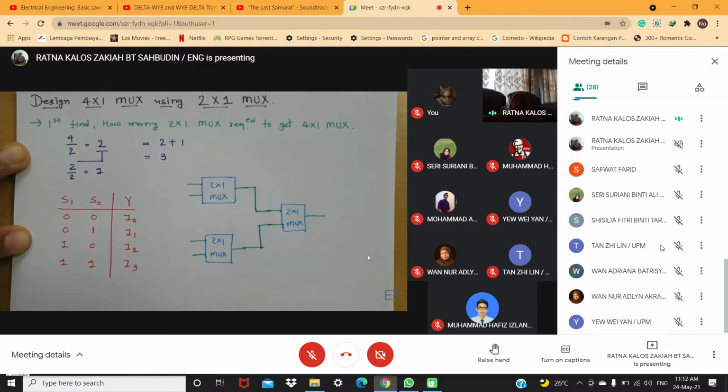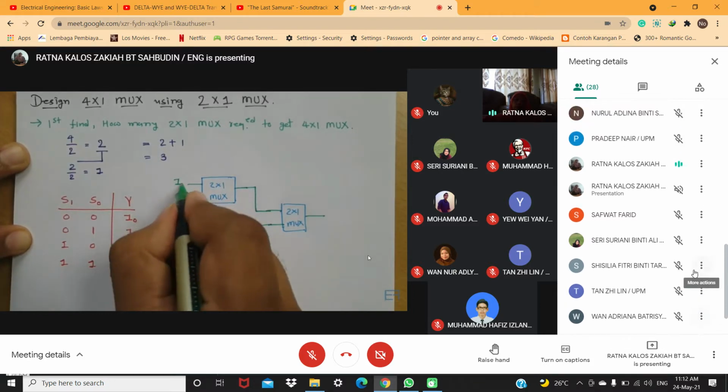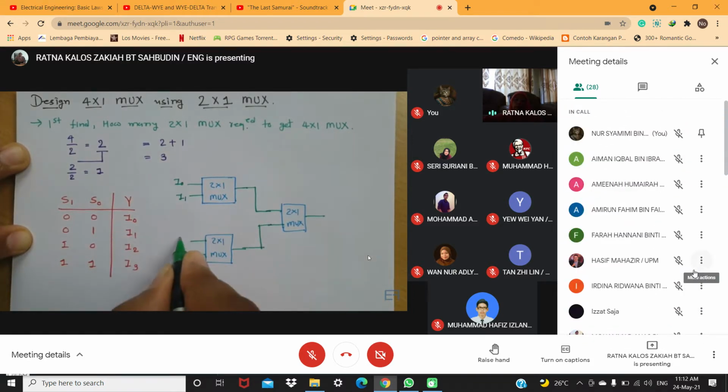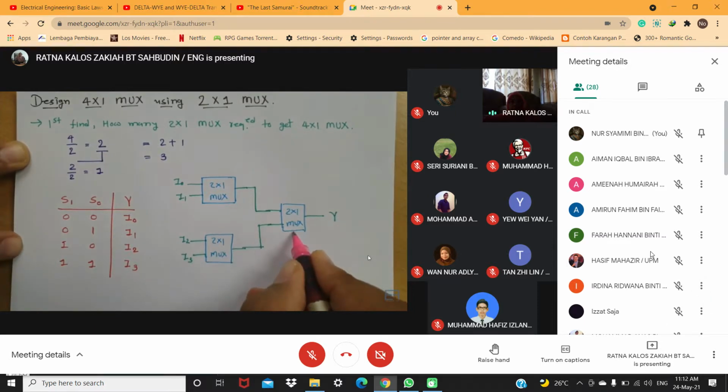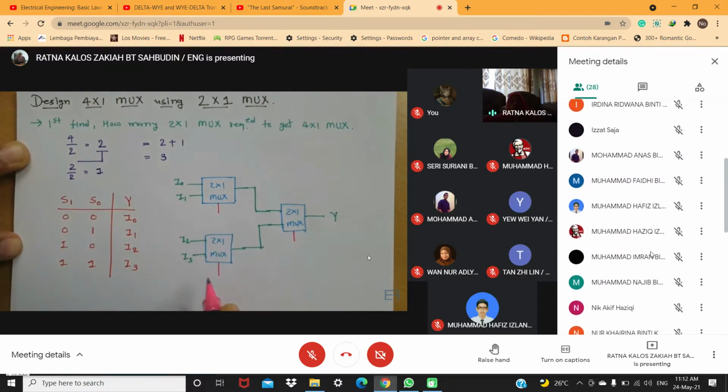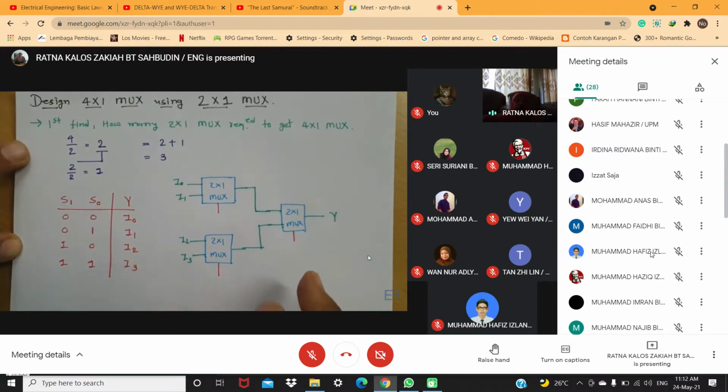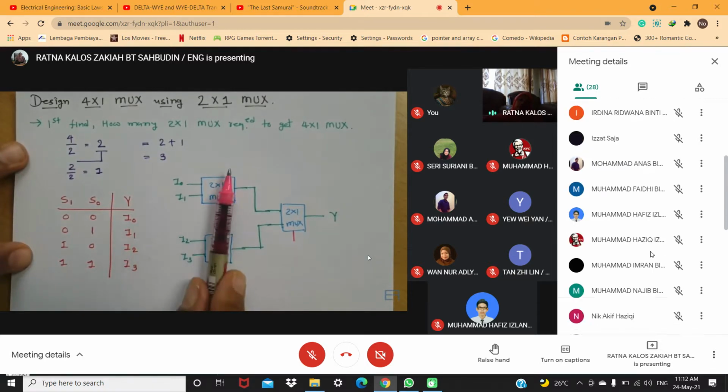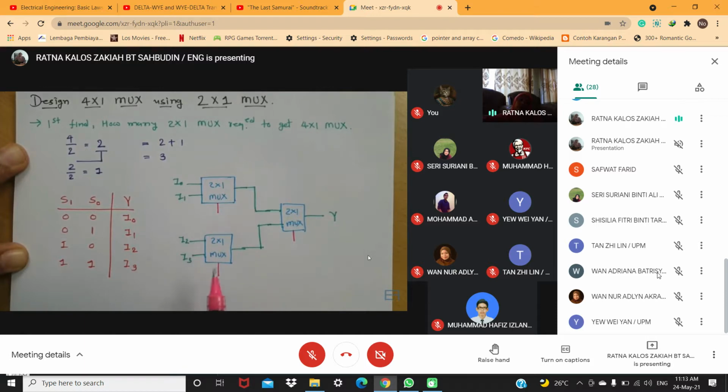These are I0, I1, I2, I3, and this is my output Y. The major question with this interfacing is what the selection lines will be. The selection line for these two will be the same, and another selection line will be with this multiplexer.